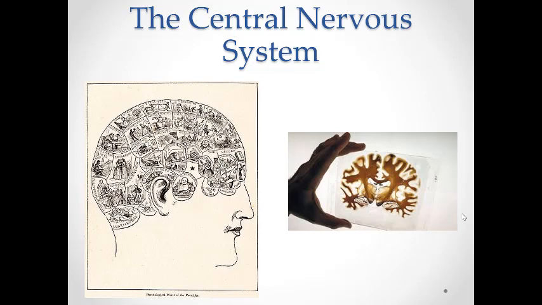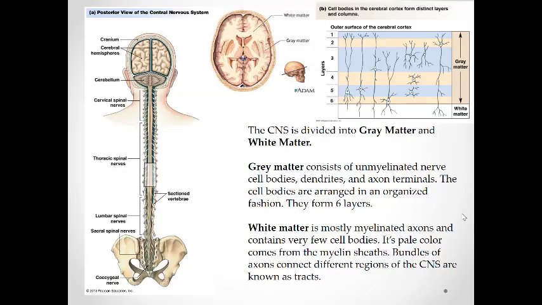And it wasn't until the last several hundred years that researchers have started to figure out really more about how the brain works. To understand the nervous system, we need to first understand a bit of its basic anatomy.